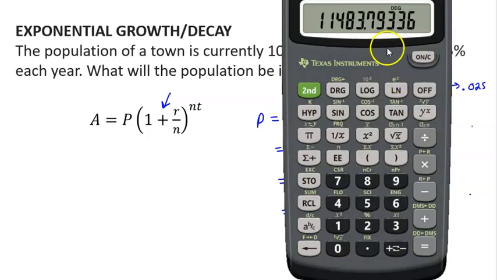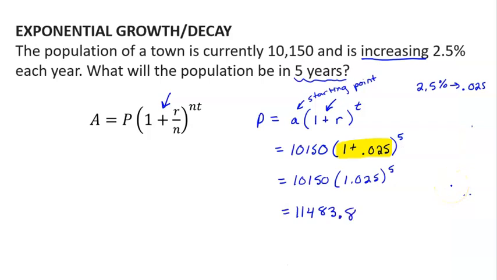And then if I wanted to round it, or if they asked me to round to, let's say, the nearest tenth, that 9 would change the 7 to an 8. So let's just put 0.8 here. And that would be my population. So that would be a growth problem since it's increasing.